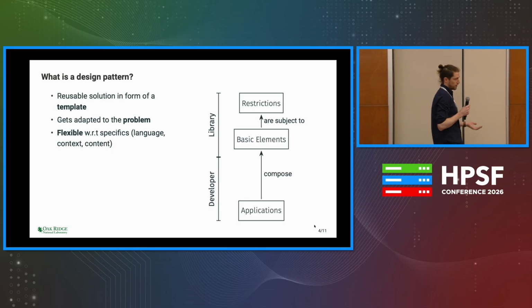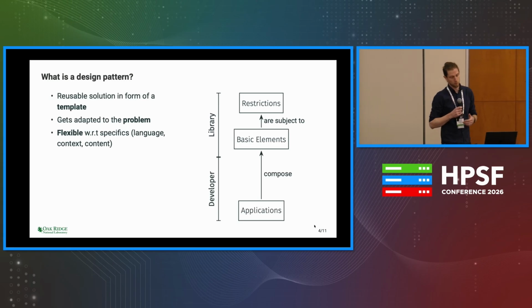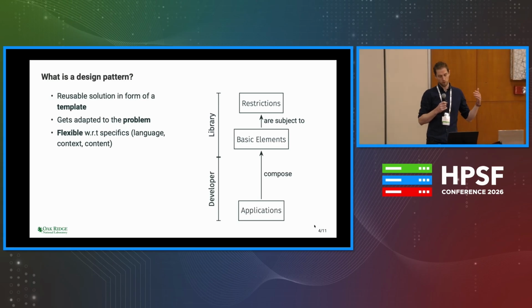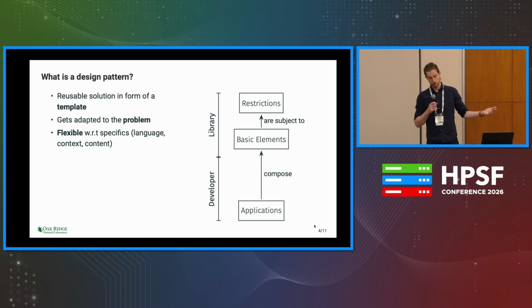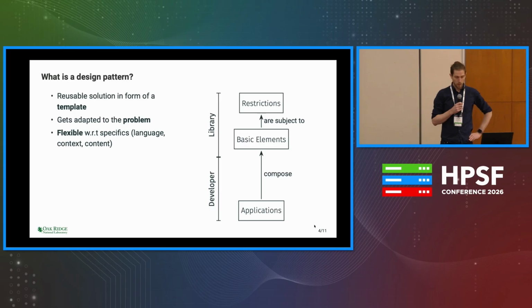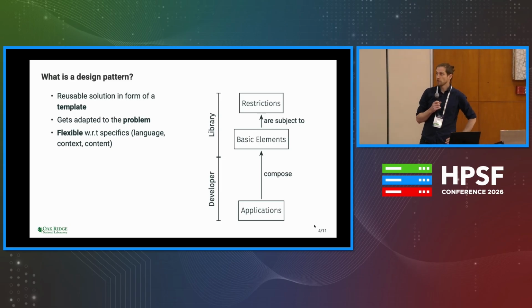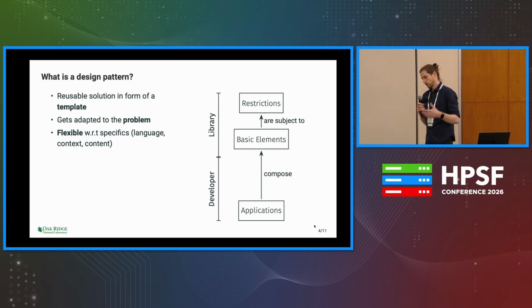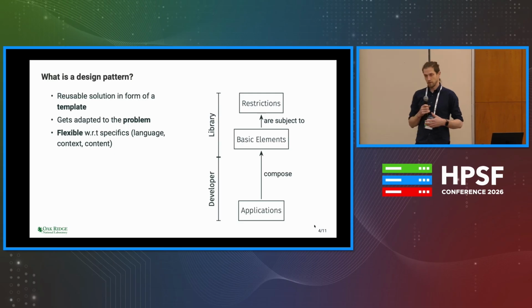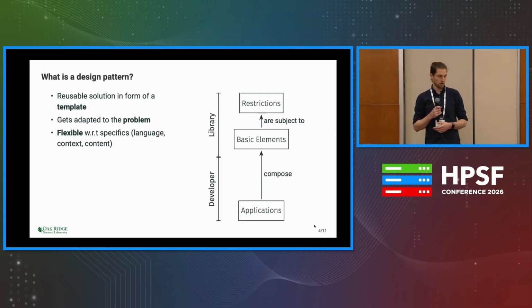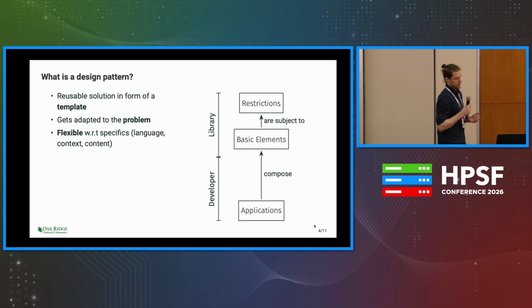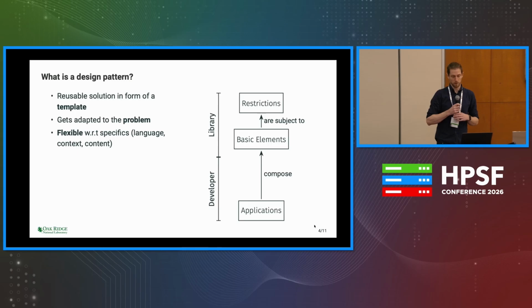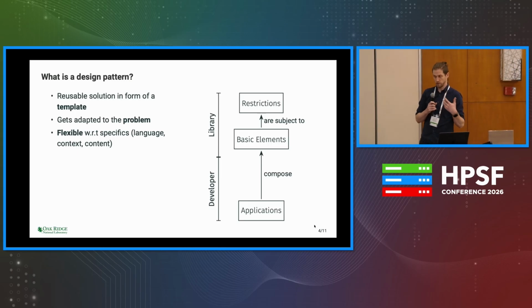There are things you can do and things you can't do, and this becomes more and more apparent if you go to heterogeneous programming, and performance portable means even more restrictions. So you have some restrictions, and you hopefully have some basic elements already in your code that you try to reuse. Let's say you are doing matrix vector stuff. You probably have some basic elements like a vector already in some form or in some abstraction.